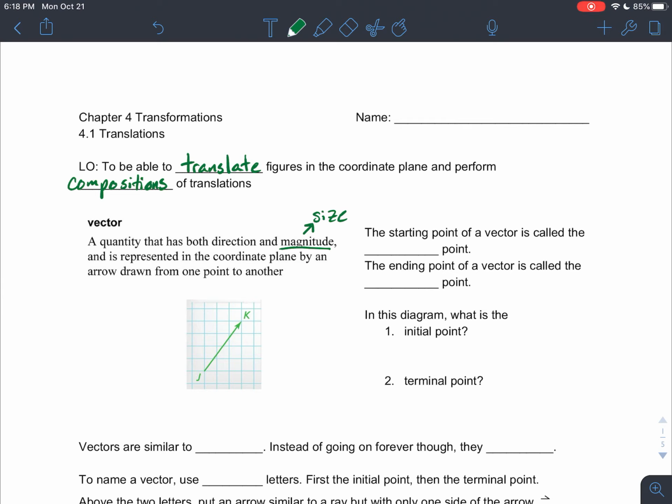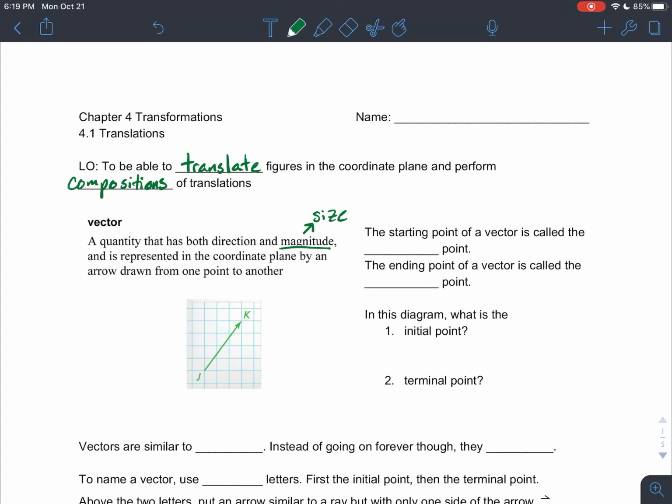You could think of it as a line segment that has direction, or you could think of it as a ray that stops. So specifically, you're going from point J to point K, right? You're starting at J, ending at K. So the arrow tells us the direction that it's going, kind of like a ray, but it doesn't keep going forever and ever. It just stops when it gets home.